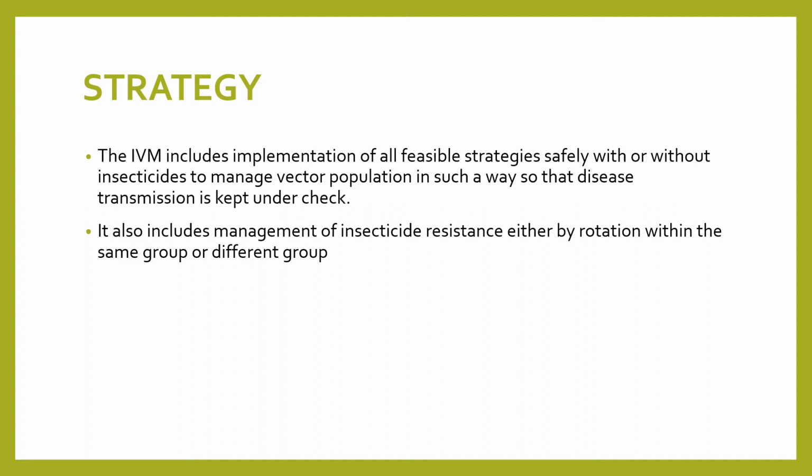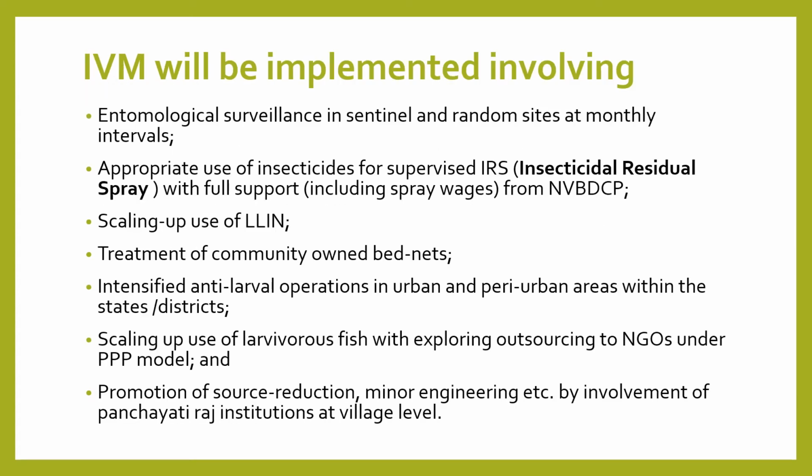It also includes management of insecticide resistance, either by rotation within the same group or different groups. This also we have seen in the entomology lecture. Just now we saw the basic concepts of integrated vector management implementation.